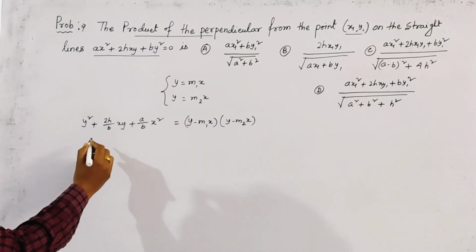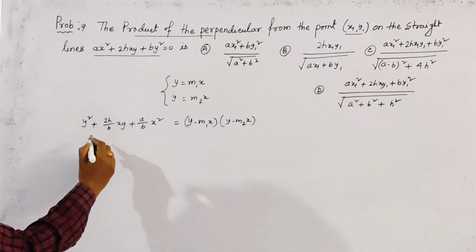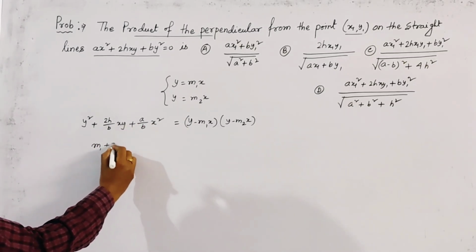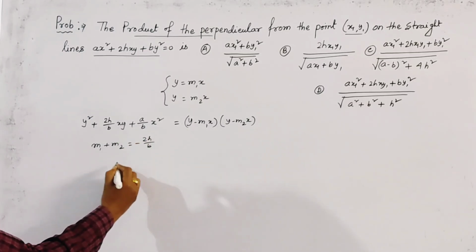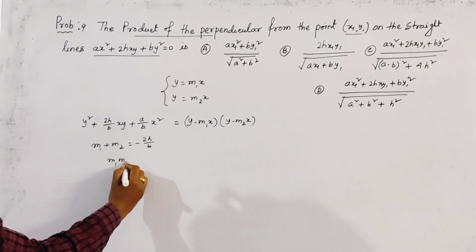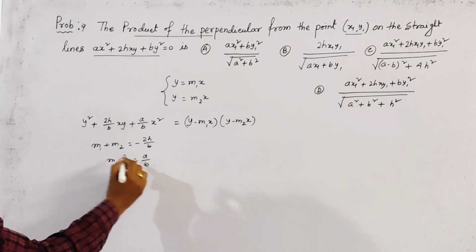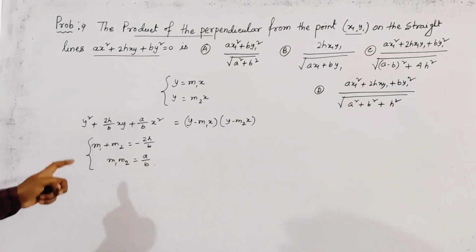Now comparing both sides, we get m1 + m2 = −2h/b, and m1·m2 = a/b. These two are the relations of m1 and m2.